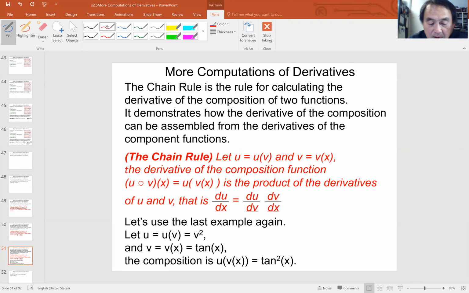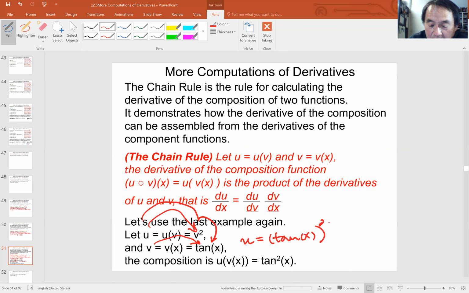For example, let u be v squared, and v itself is tangent of x. If I want to link directly from u all the way to x, then u is v squared, which will be tangent squared of x, tangent x squared.